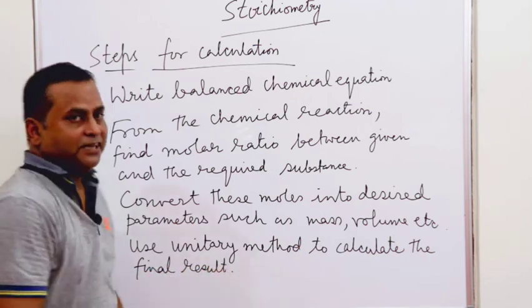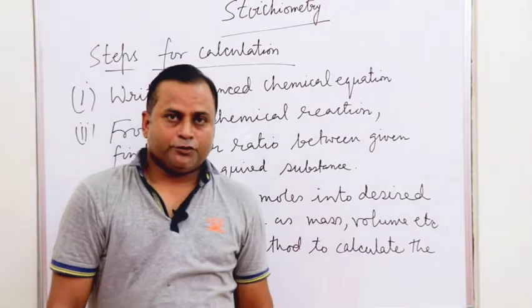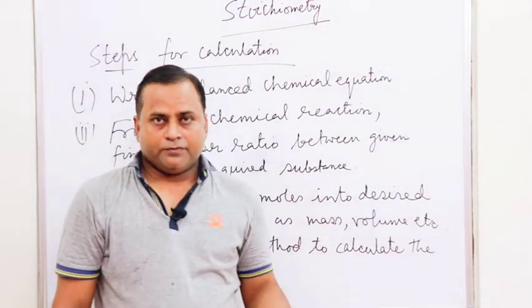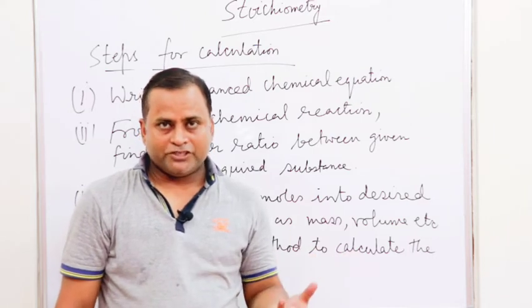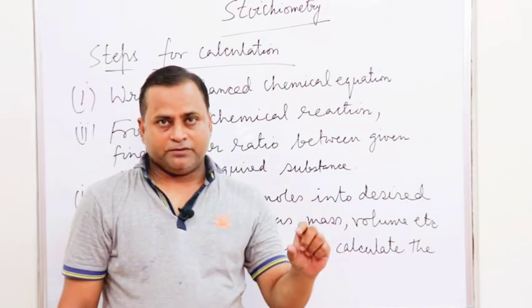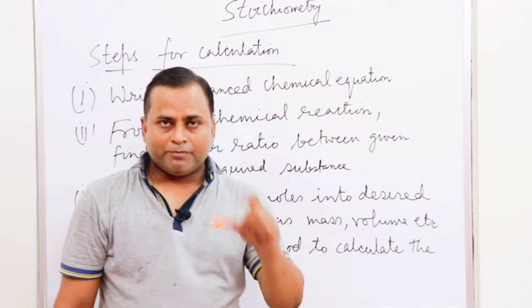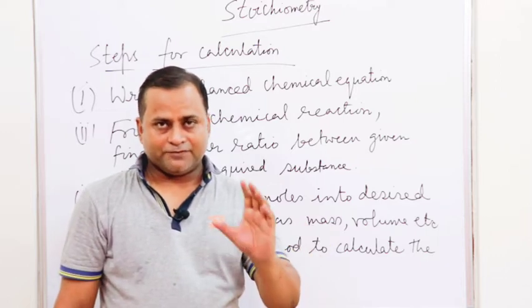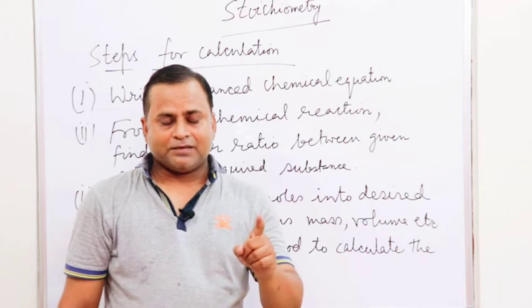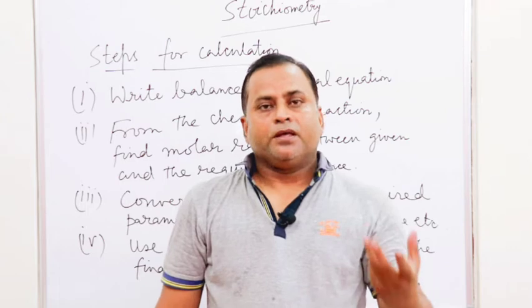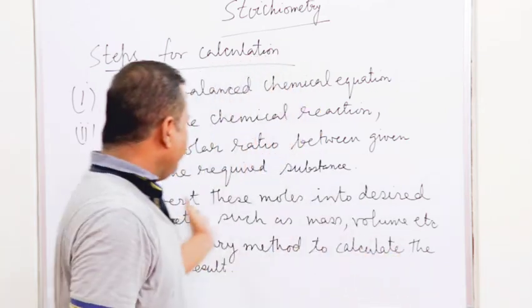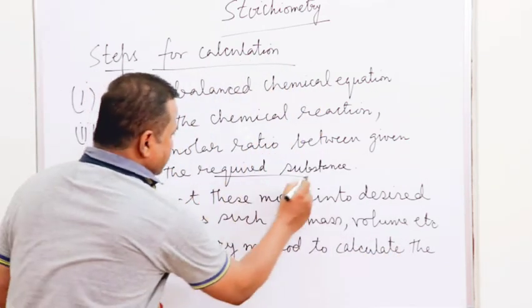Okay, so let's revise again. In stoichiometry, first of all, you read the question. From the question, you write the equation, then balance it. After writing the first step, second step is that you have to find a molar ratio between the given and the required substance, that is which is asked.